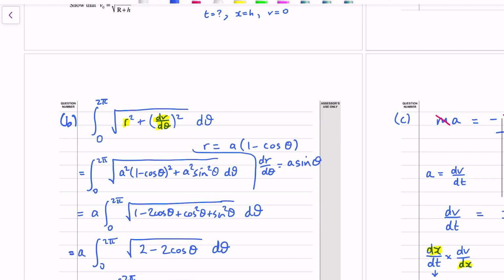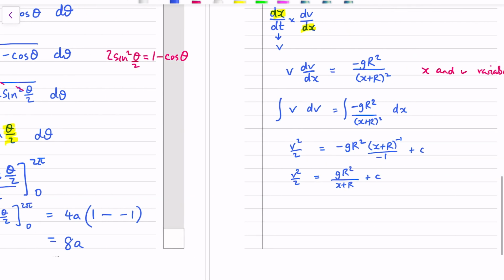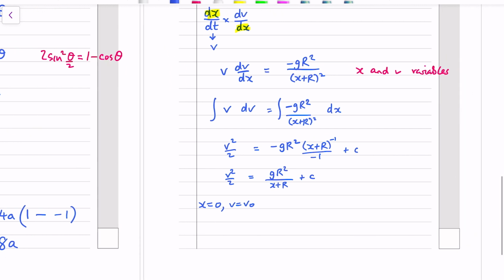So subbing in that first bit of information, x equals 0, v is equal to v0. Therefore, v0 squared over 2 equals gr squared over (0 plus r) plus c.